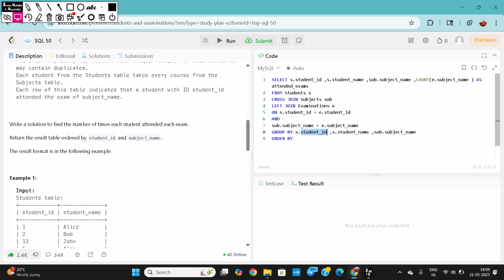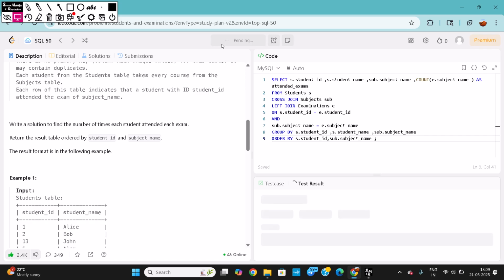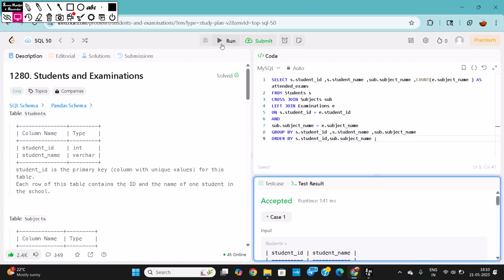So let's copy this one as well as this one. Okay, let's run the query. Yeah, it's going to run successfully.